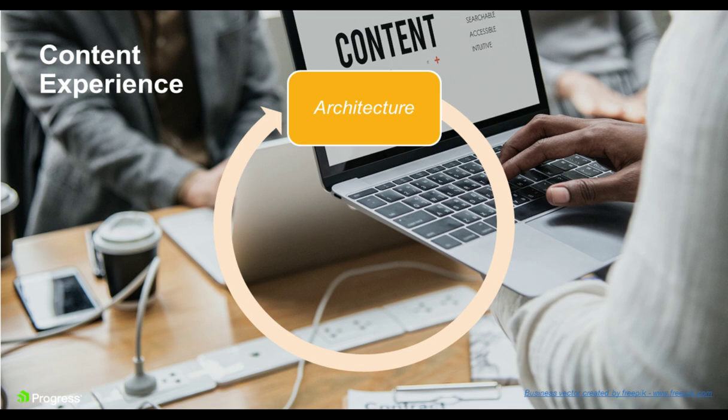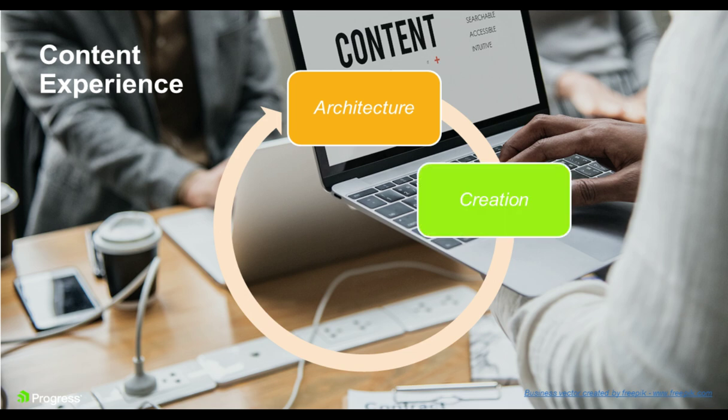You need to have a single source of content that distributes to many platforms, to many destinations, and even many devices as we go forward. So we need to map out our architecture. We need to fundamentally understand what our architecture looks like, and only then can we start really creating the content.